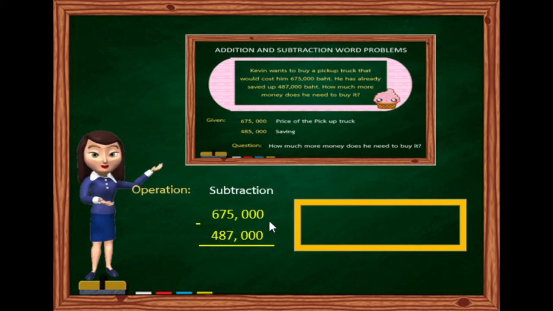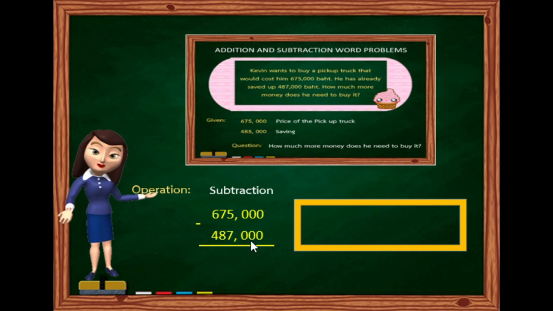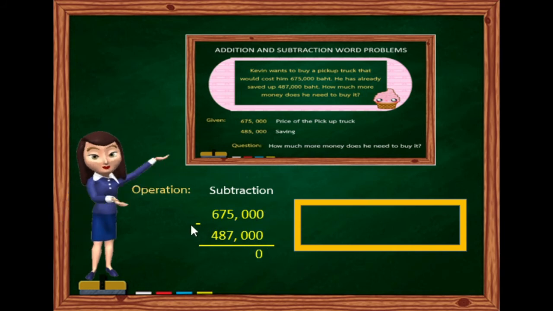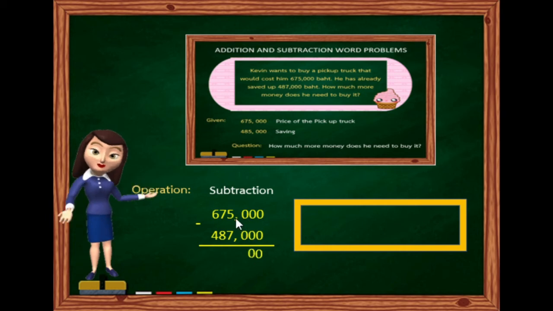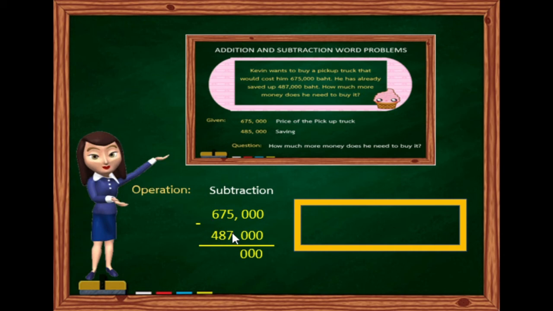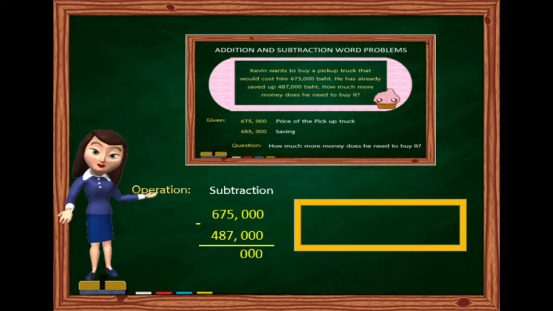Remember, when you subtract, add, or multiply numbers, you need to start with the rightmost place. So we have 0 minus 0 equals 0, 0 minus 0, 0, 0 minus 0, 0. 5 minus 7 cannot be subtracted. So we need to borrow 1 from 7.